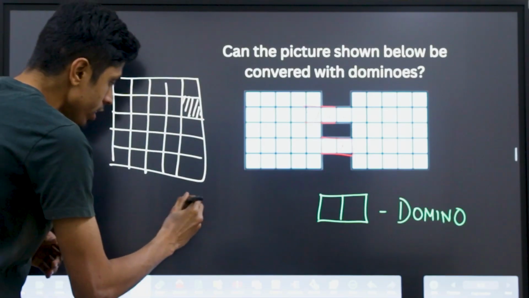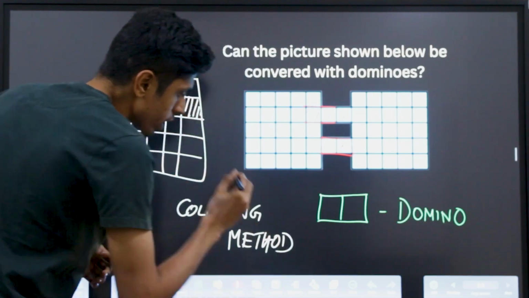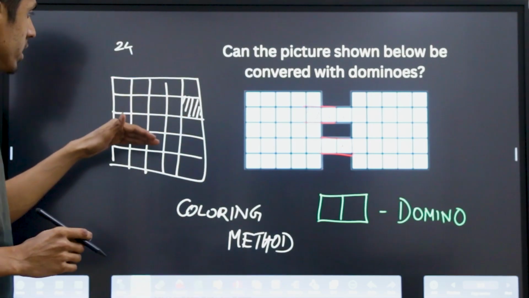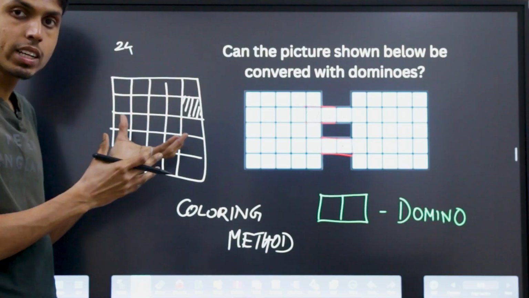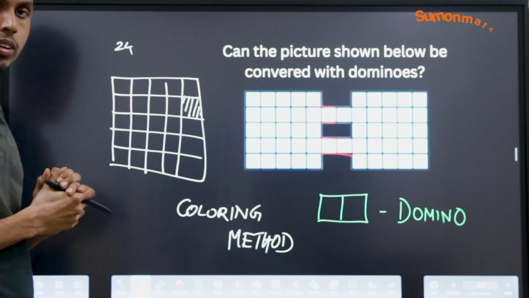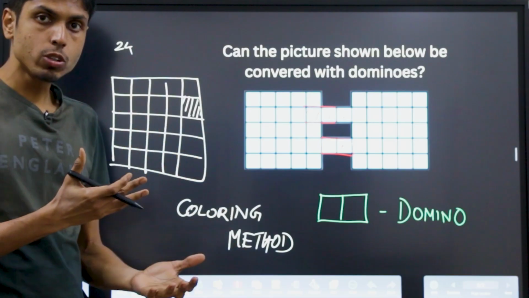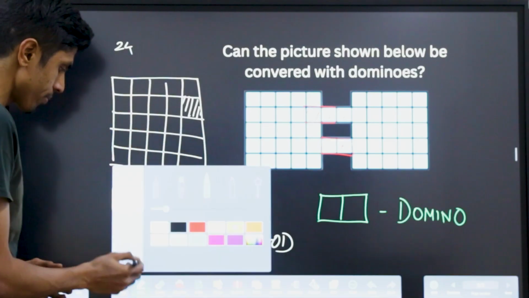Here is where we will incorporate the coloring method. Once again, this is a proof technique that enables us to highlight the patterns or properties present in a particular configuration. Well, how to color exactly?